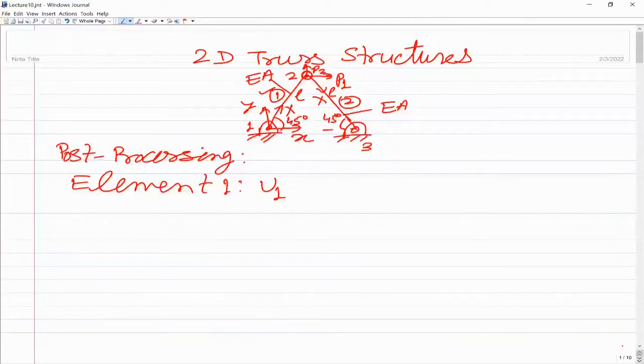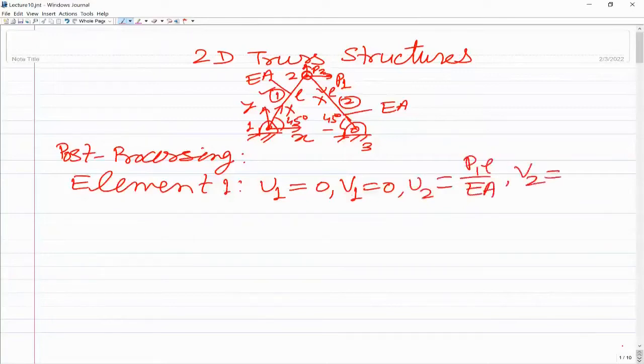The displacements we have already got: u1 equal to 0, v1 equal to 0. These u1 v1 are the displacements along small x and y direction, that is global coordinate directions. And u2 we have solved and got it as P1L upon A, and v2 also we have solved and got it as P2L upon A.